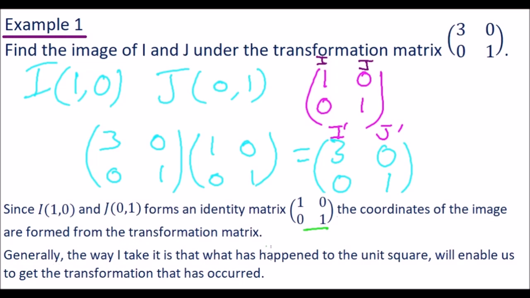Generally, the way I take it is that what has happened to the unit square will enable us to get the transformation matrix that has occurred. The following example is going to demonstrate very well how the unit square helps us to get the transformation matrix.